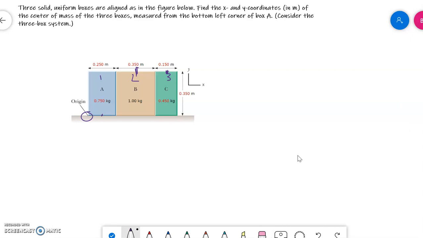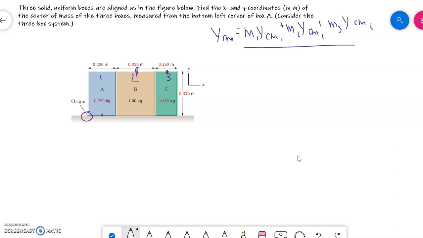So our equation is very similar, but now we use y instead of x, divided by the sum of the masses, which is m1 plus m2 plus m3.